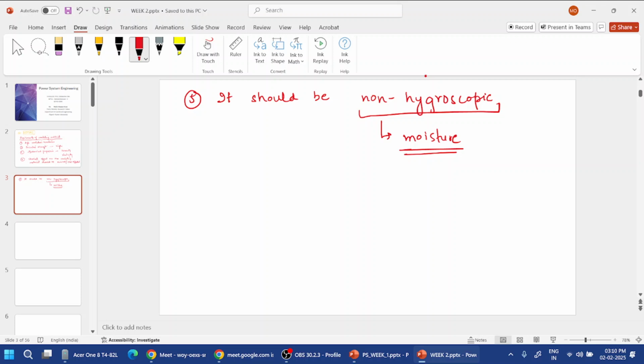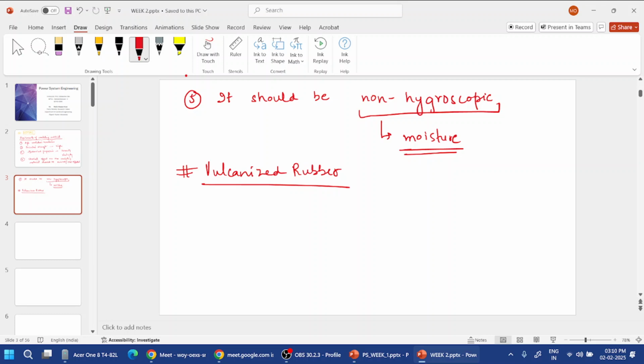So now next is, what are these types of material? The first one is vulcanized rubber. It is also used as an insulating material.